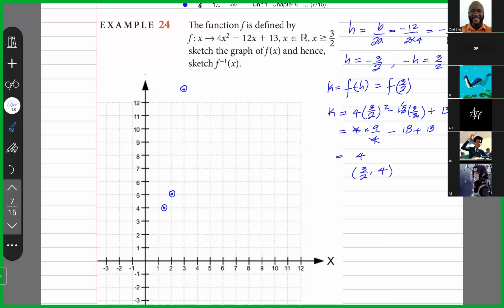And I found y when x is equal to 3, which is 13. So with that information, I could draw a sketch of my graph. It's only half of the graph because I'm using values of x greater than or equal to 3 over 2.